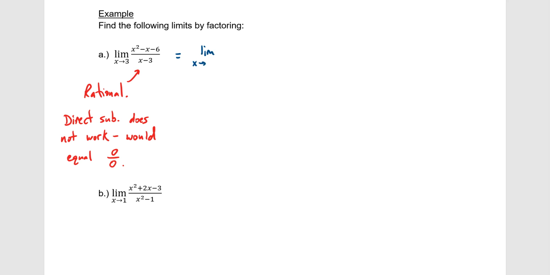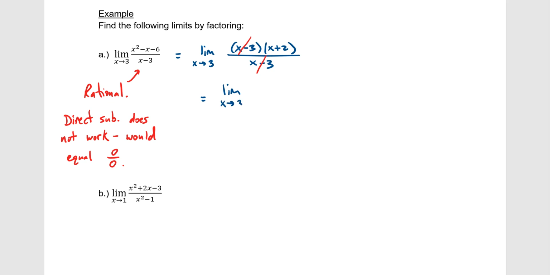Typically, if that happens with rational functions, that's kind of your hint that you should try to factor it. We can factor the numerator as x minus 3 times x plus 2. And now we can recognize that the x minus 3's cancel.